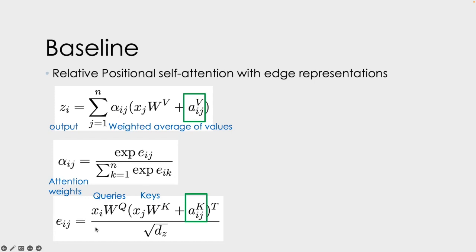And then how can we derive the weight? It's based on the inner product between the queries and keys, right? To detect how strong the signal is, or how much attention we should give to the nearby words. And also it adds an additional term for the edge, for the relationship between these two tokens.